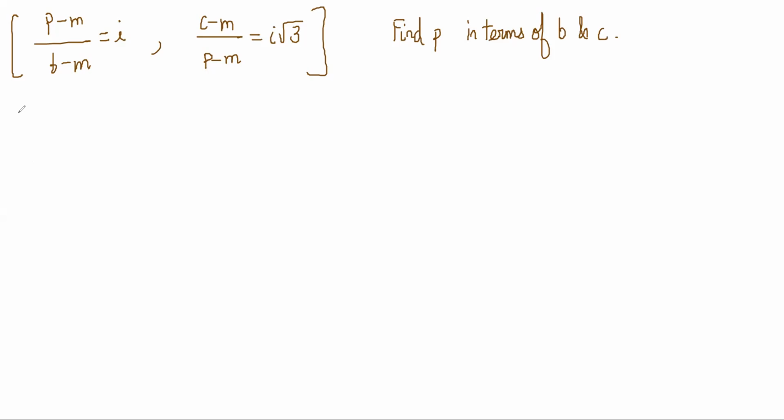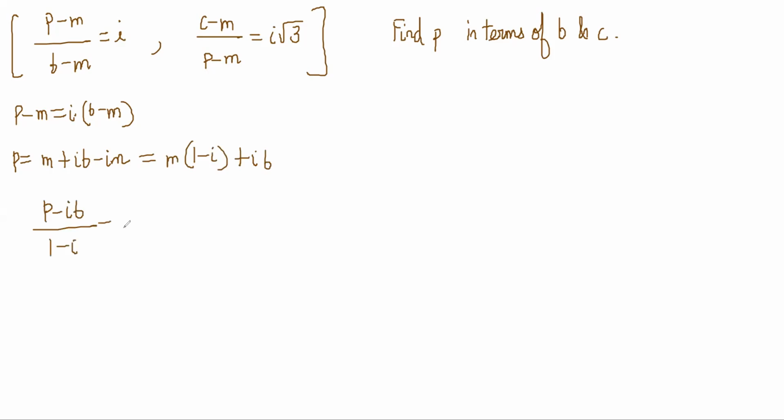So P minus M is equal to i into (B minus M), and P is equal to M plus iB minus iM, right? So M into (1 minus i) plus iB. So (P minus iB) by (1 minus i) is equal to M, no? Correct?